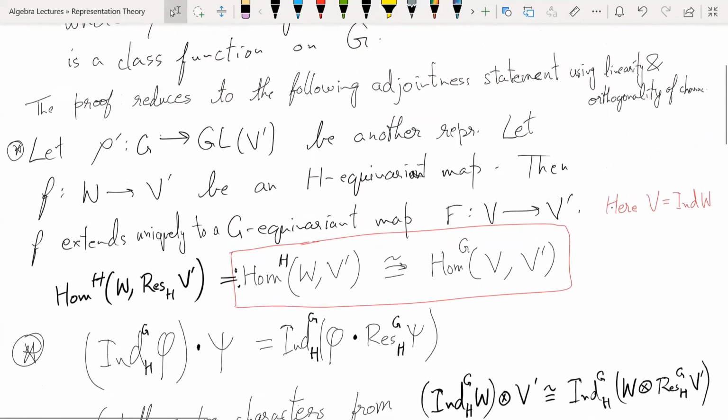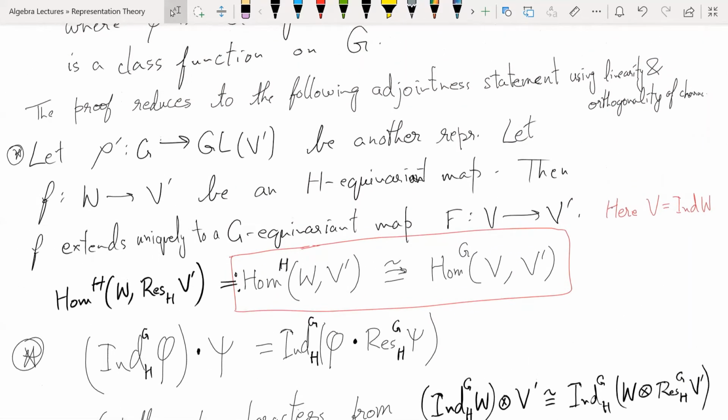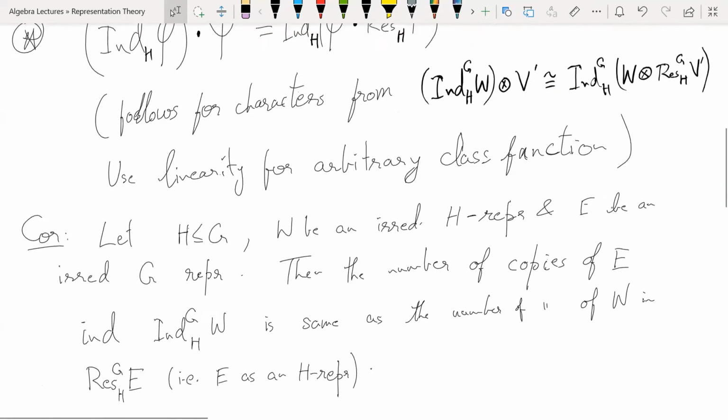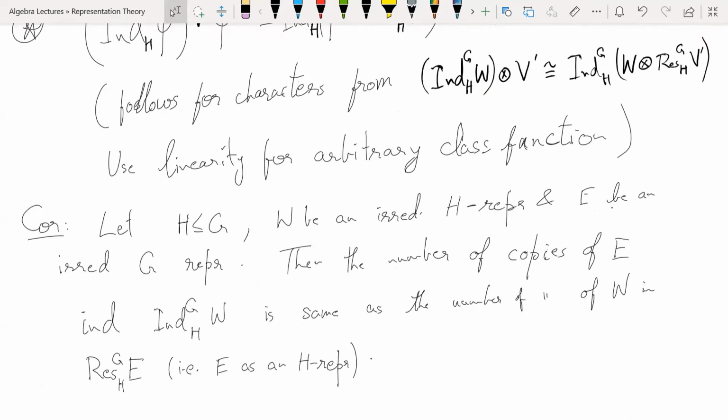One consequence of Frobenius reciprocity, or this adjointness, is this. Let H be a subgroup of G, W an irreducible H representation, and E an irreducible G representation. Then when you induce W to G, the number of copies of E in it is the same as the number of copies of W in the restriction of E to H. When you think of E as an H representation, it may have some number of copies of W; that number could be 0, but it could be anything.